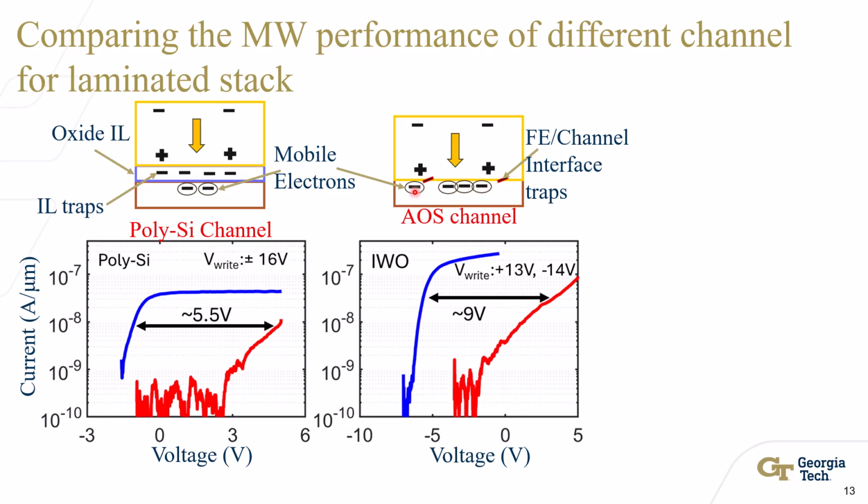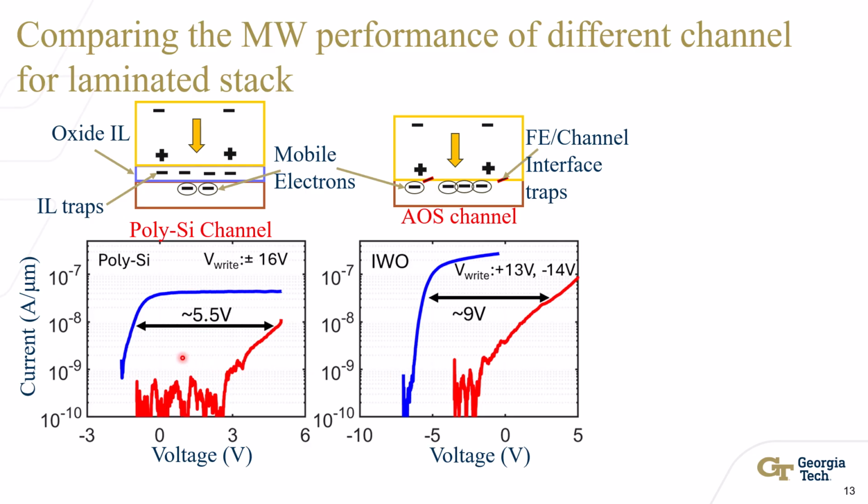Since these are mobile electrons, and since the ferroelectric polarization is primarily screened by the charges present in the AOS channel, the channel becomes more conductive, and it significantly improves the program efficiency and increases my memory window as well. This we can also see in the IV curves.